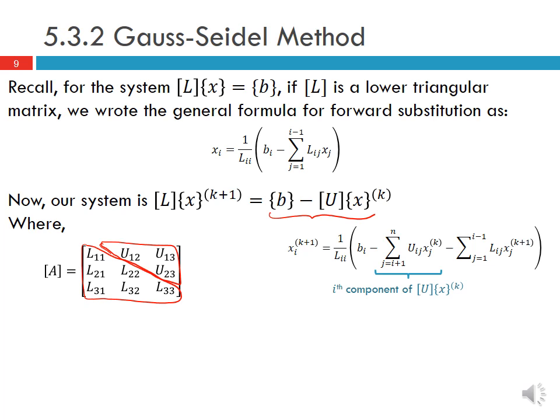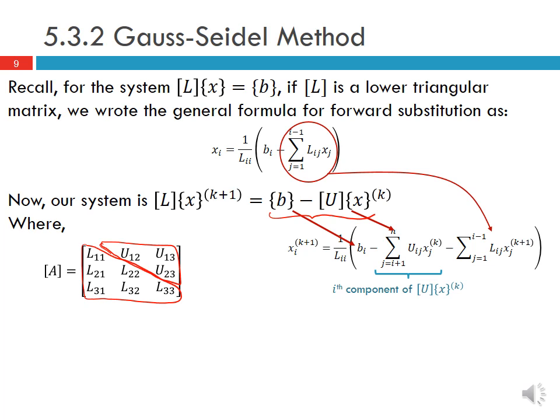So this is the ith component of U times x at iteration k. That's why we have this extra sum. So the b is just the b. We've got this Ux at iteration k becomes this sum, and then the sum that was in our original forward substitution equation is still here in a similar form.